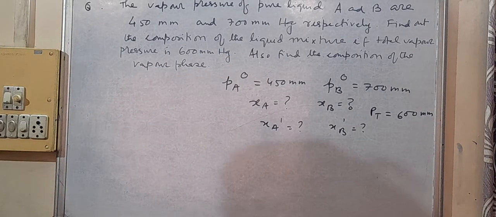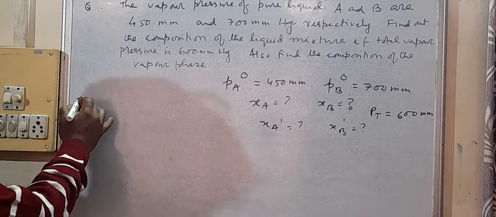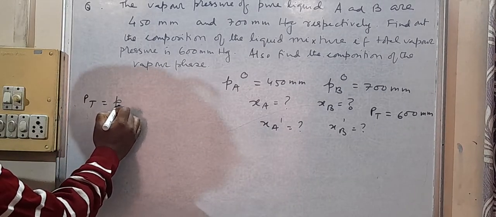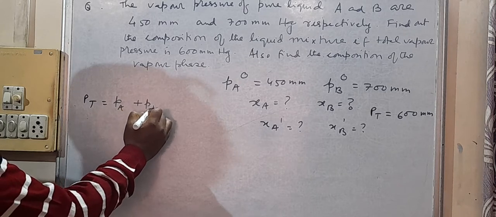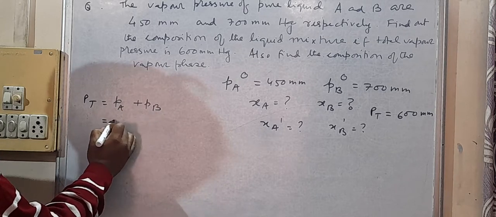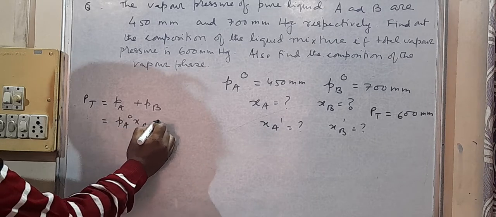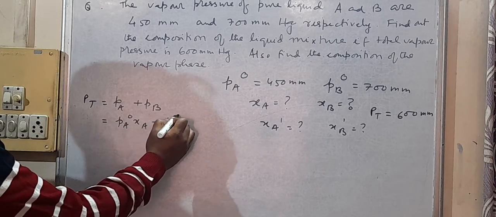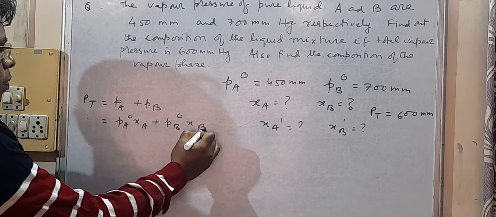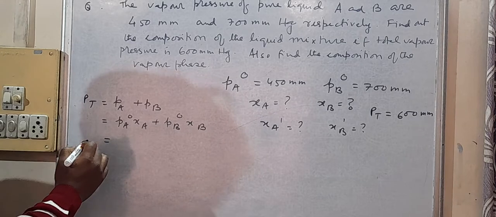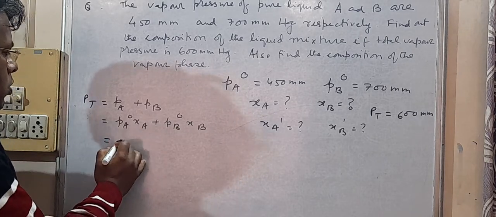So we can start like this. PT is PA plus PB, which is PA naught chi A plus PB naught chi B, and we can make one substitution here.